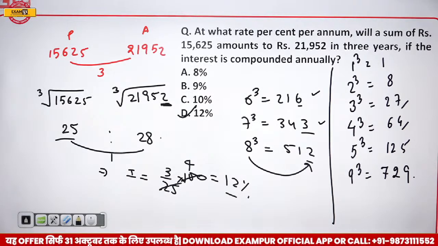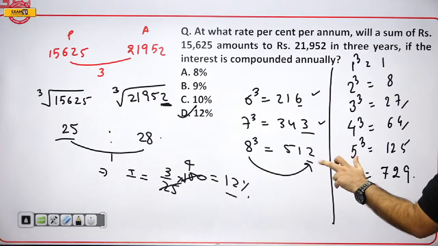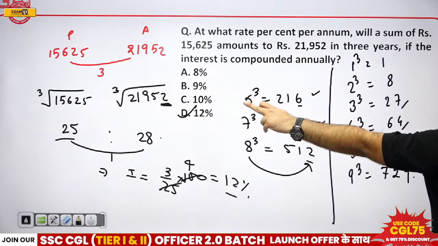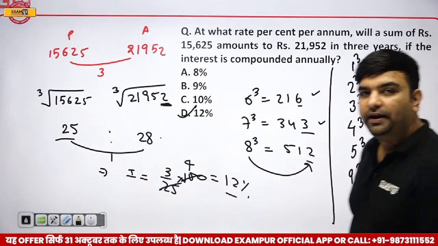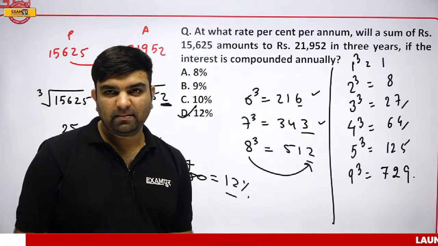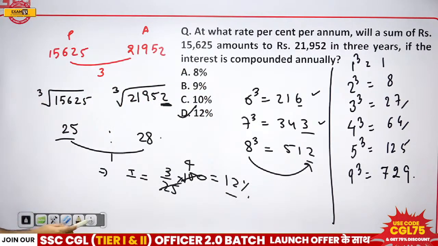So every unit place of every cube is unique. So if it is 2 over here, you can 100% say it is a cube of a number ending with 8. Great. Let's move on.